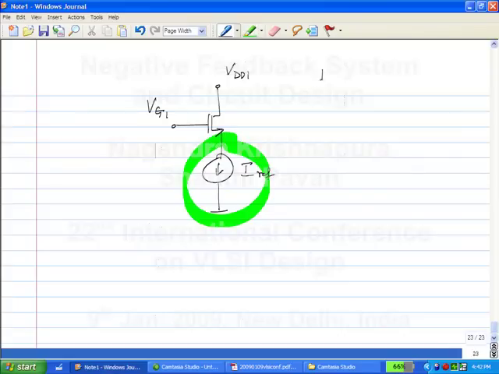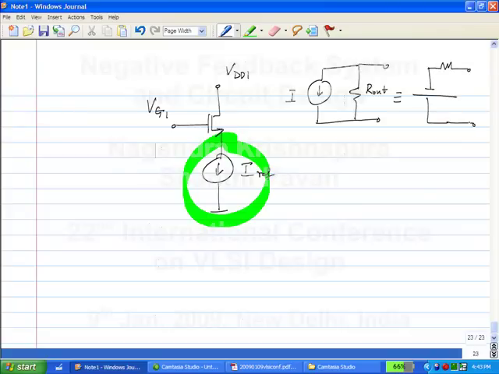You always know that no true current source will have infinite output impedance. So if this is I and this is R out, what is the Thevenin equivalent of this? R out in series with a voltage source of value I R out, correct?